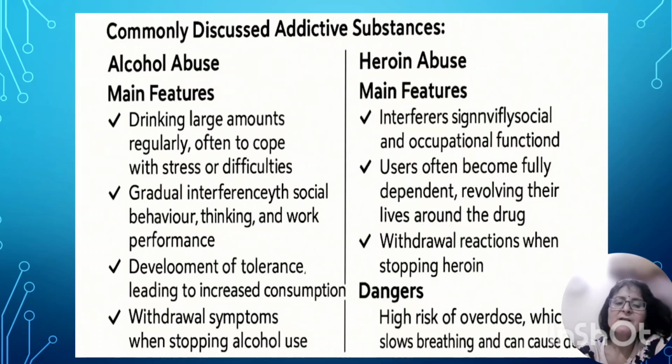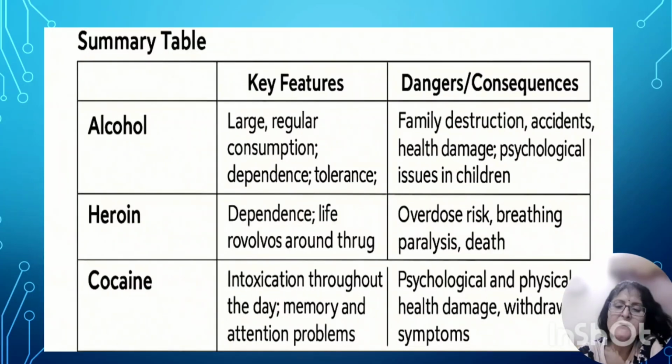So you can use these slides somewhere in your notes, even the next slide, which gives you the summary of the effects of alcohol, heroin and cocaine on the family and on the body. You can take note of this.